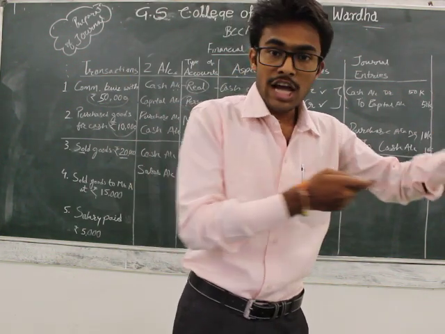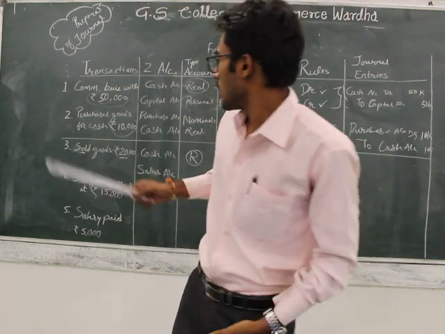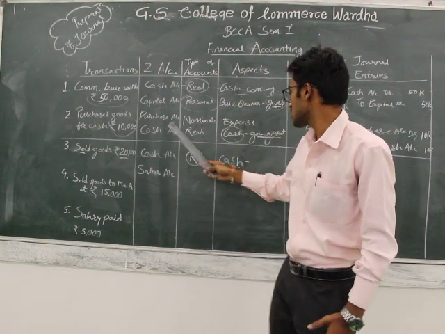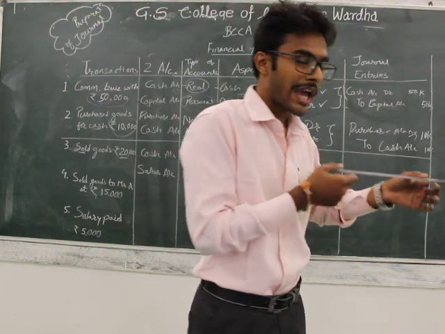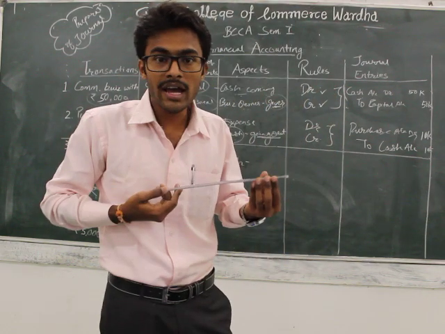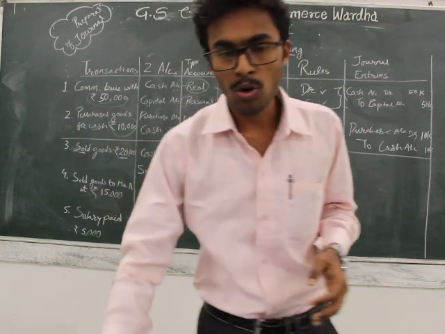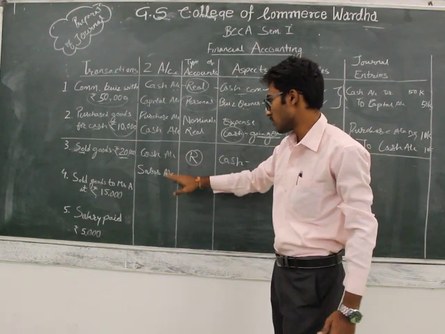In purchase we have seen that cash is going out, and in sales cash will be coming in, because we have sold the goods for some amount of cash. So there are two accounts: cash account and sales account.